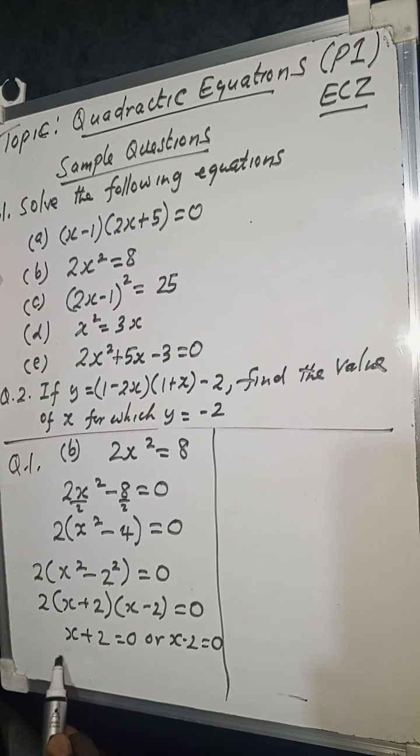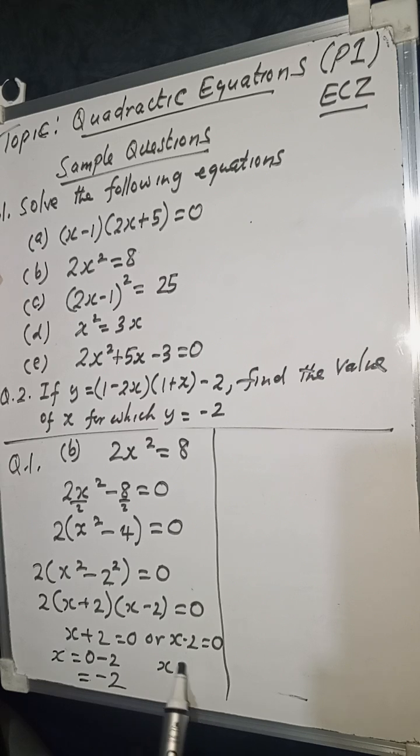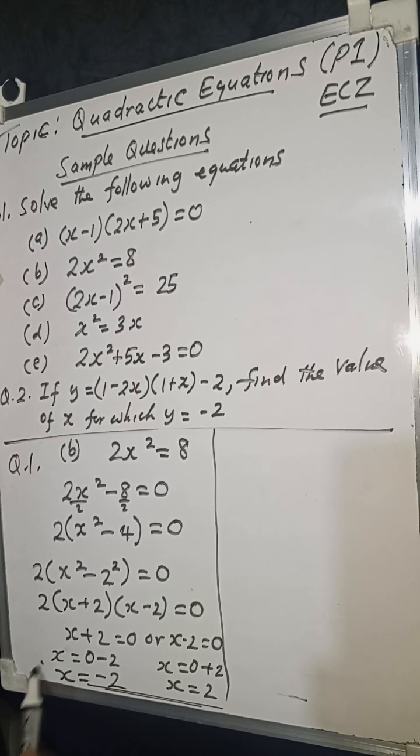When this goes the other side, x is equal to 0 minus 2, which gives us negative 2. And on that side, when the negative 2 goes the other side, it becomes 0 plus 2. Therefore, x is going to be equal to 2. So these are the solutions: x can be negative 2, or it could be a positive 2.